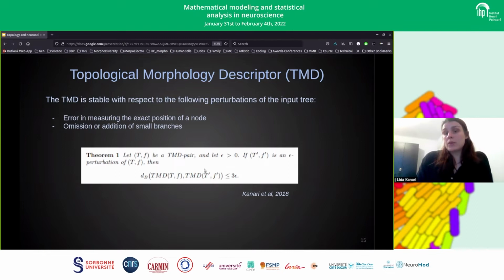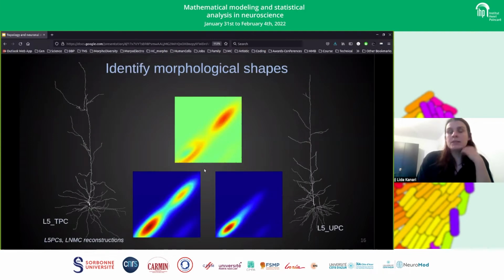This was a very good result, because then we can use this algorithm on the experimental data, even though they have intrinsically some of these errors in them. The difference in the TMD that they're producing will not be significantly large, so we can use them without any big effect on the results that we get.